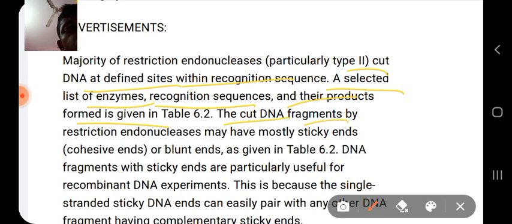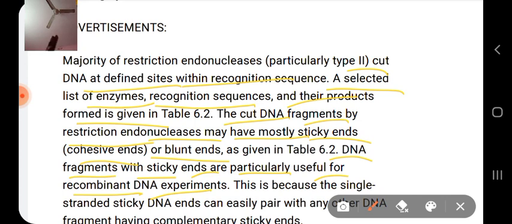The cut DNA fragments by restriction endonucleases may mostly have sticky ends, which have overhanging ends, or they may have blunt ends. DNA fragments with sticky ends are useful for recombinant DNA experiments because they help to ligate very easily, very quickly. Having that overhanging end helps the DNA to ligate quickly.